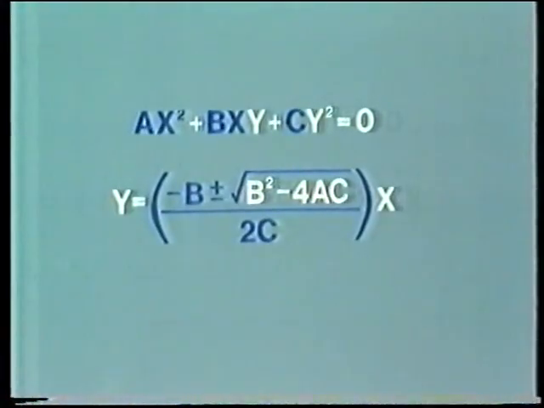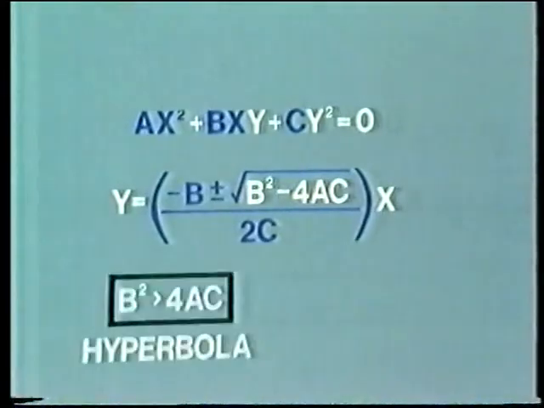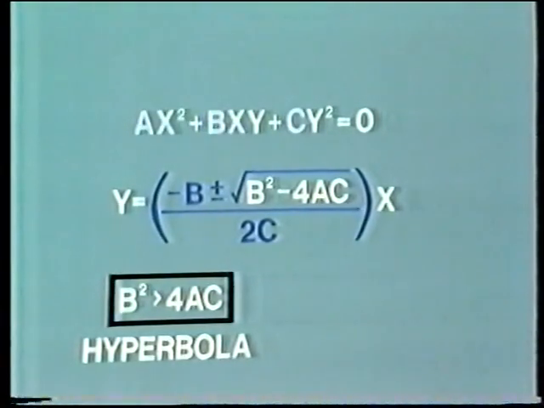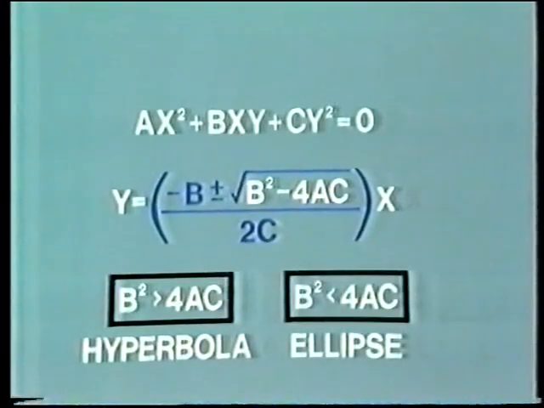And that means b squared is greater than 4ac. So if b squared is greater than 4ac, the equation represents two straight lines, so our curve is a hyperbola. But if b squared is less than 4ac, then the expression inside the brackets isn't real. So only x equals 0, y equals 0 satisfies the equation, and then we have an ellipse.